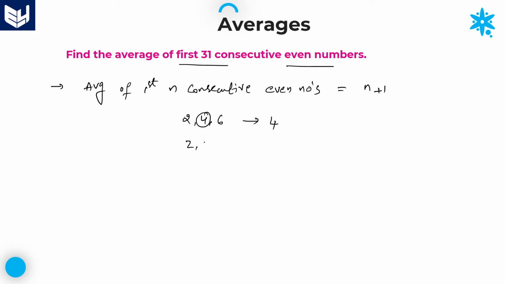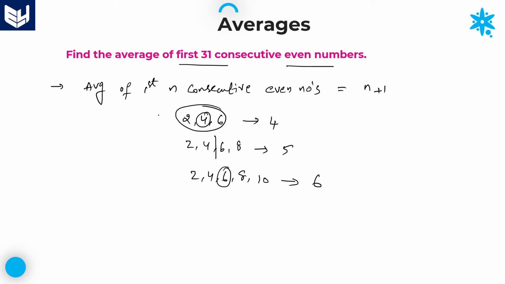And if you take 2, 4, 6, 8, 4 consecutive even numbers, average is nothing but the middle value. 4 and 6, middle value is 5. And next 2, 4, 6, 8 and 10, average of first 5 consecutive even numbers is 6.